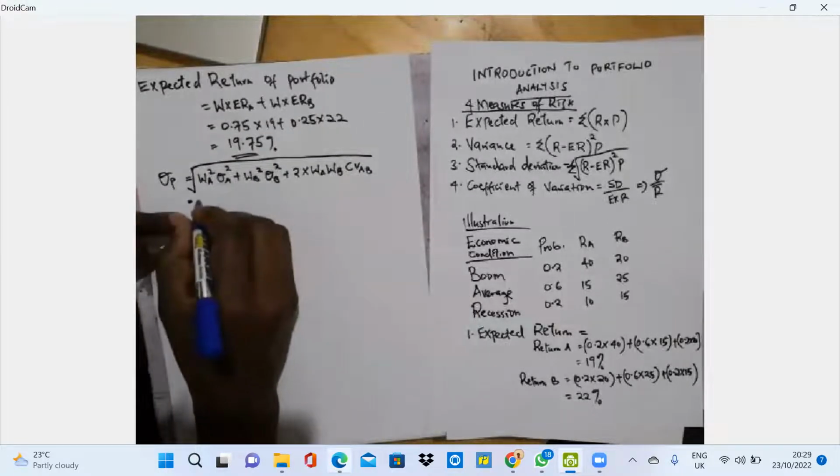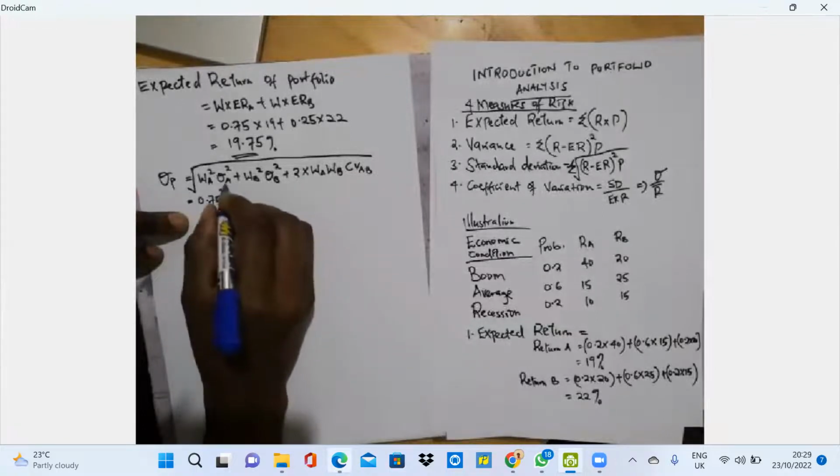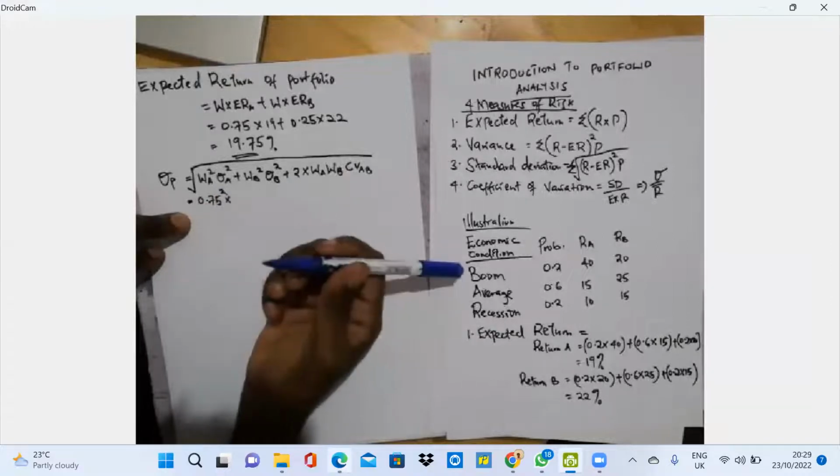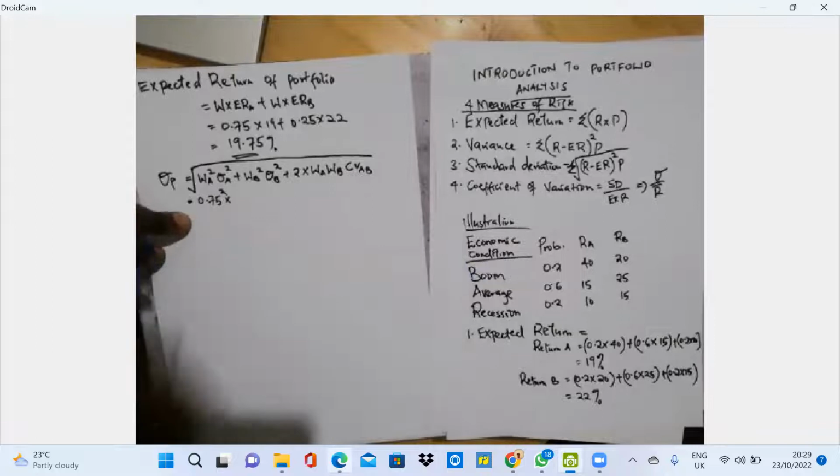So weight of A, we have been told, is 0.75 squared times standard deviation of A. Did you get the standard deviation of A?